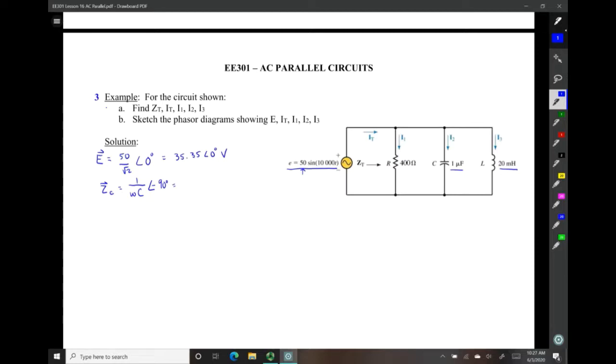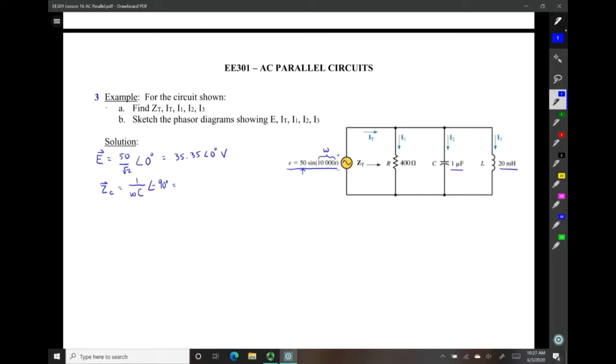Alright, so if we take a look at our time domain representation for our voltage source, we see that there's no 2 pi factor built into our frequency, so the value of 10,000 is omega and not f.